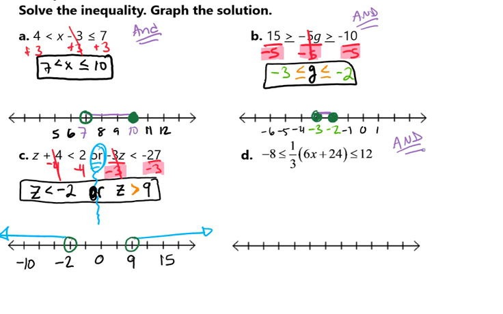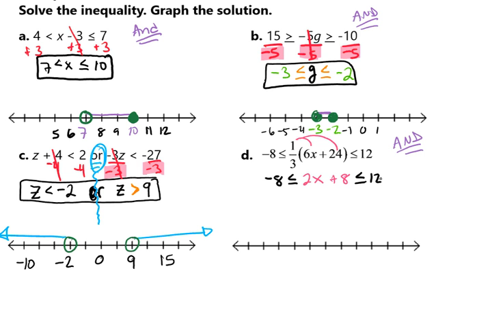Before we actually get started on this, the first thing that we're going to want to do is distribute that 1/3 so that we have negative 8 is less than or equal to 2x plus 8. Now, you also could have multiplied everything by 3 and gotten the same thing, but this worked well.